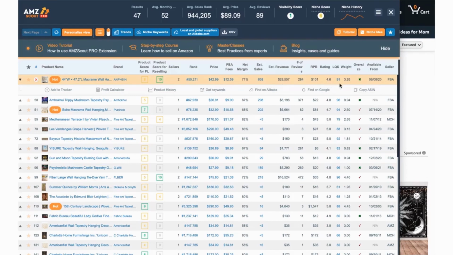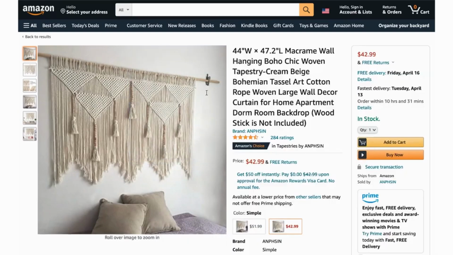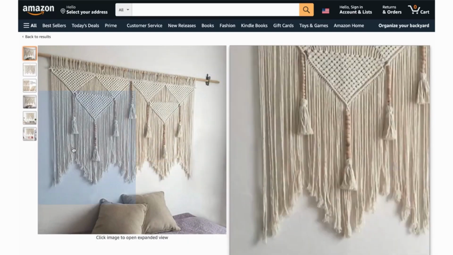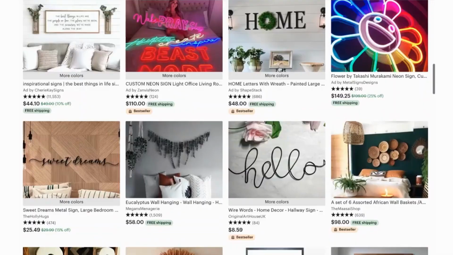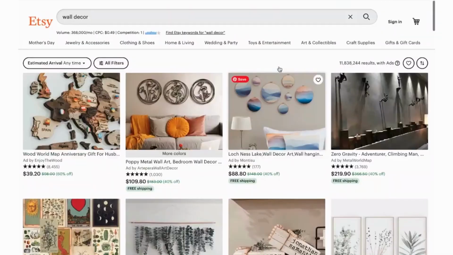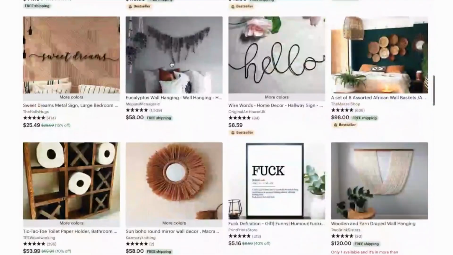And the only thing is this is a very highly optimized product listing and looks like it's very highly rated as well. So if I click on it, one thing that was very interesting to me is that some of the items that we said, oh, it would be oversized, when we're looking at the Etsy listing. For example, if I scroll to the top, something like this over here that we said maybe oversized.